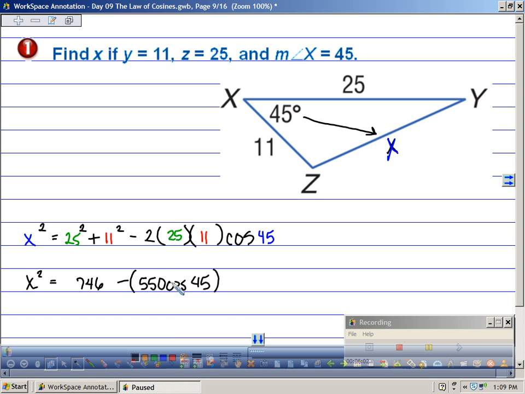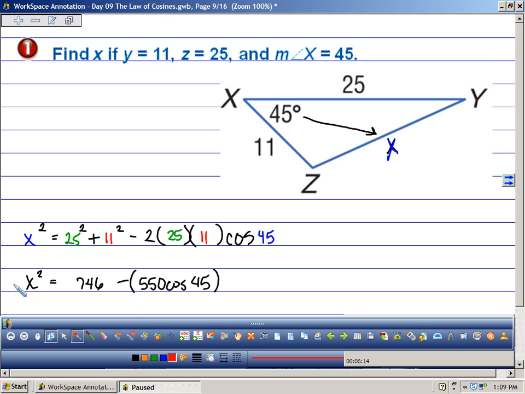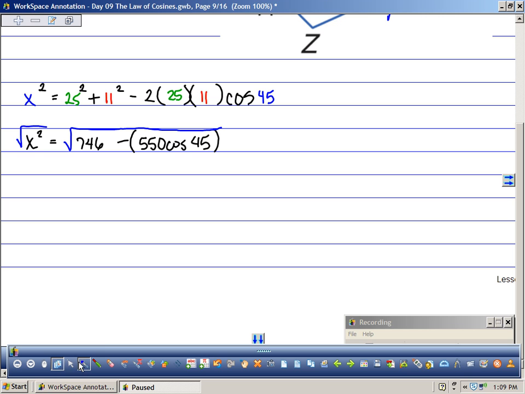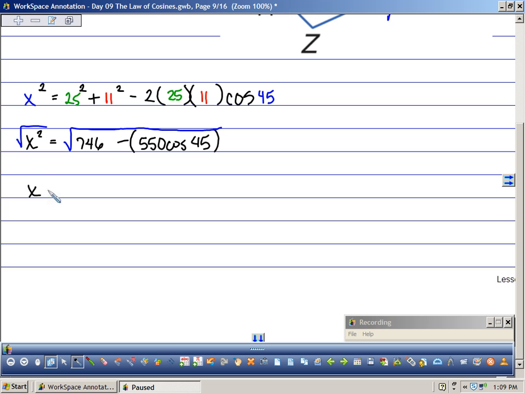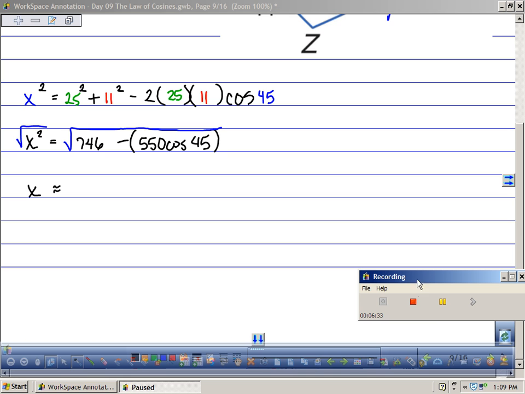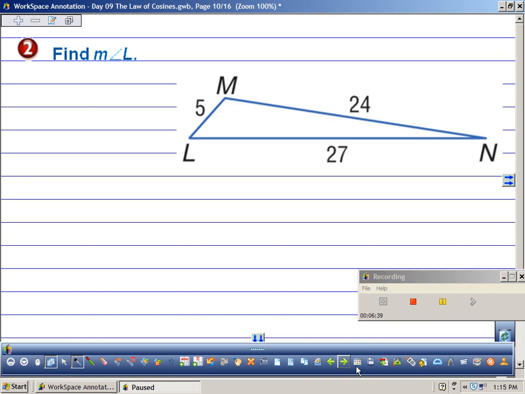It's the two sides multiplied times the angle. So how do I solve when I have a square like that? Take the square root. So we're going to take the square root of this and the square root of this. And I will get x is about, and this is where I get in my calculator and do the calculation. So the answer is 18.9.